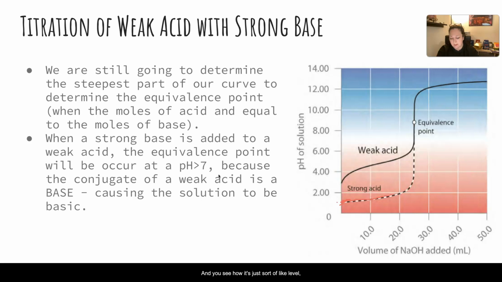You can see how it's sort of level on the rise, and then there's the inflection. You see that strong. Now weak. You notice how the slope goes up pretty quick, and then it slows down, calms down a little bit. And right here where it calms down, this is your buffer region.